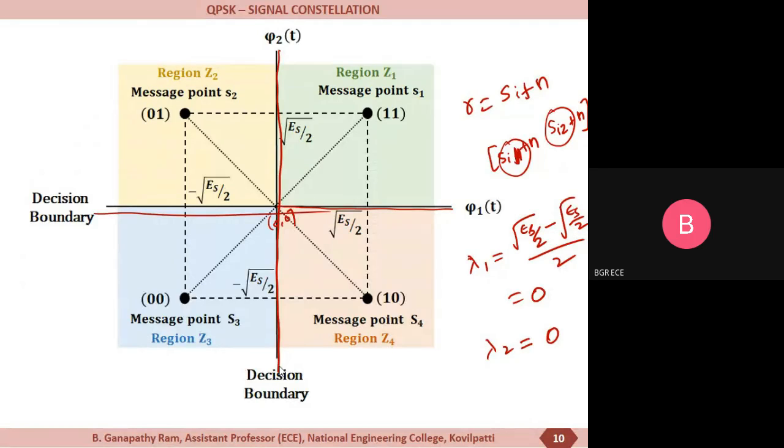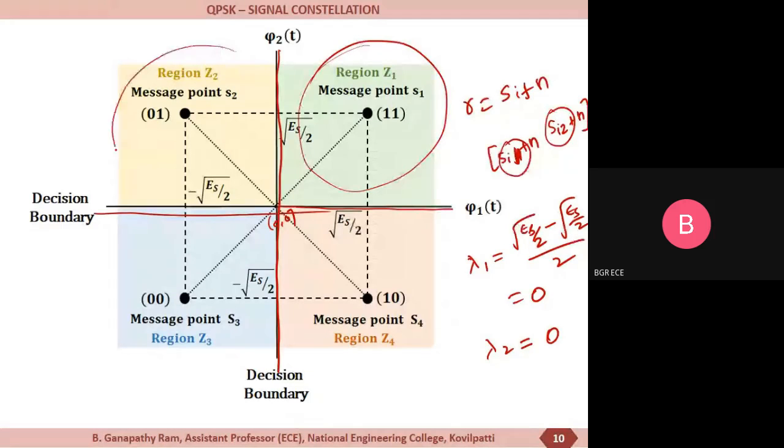So if the x-axis and y-axis both represent positive values, then it is represented by region Z1, considering that it is the message point S1.